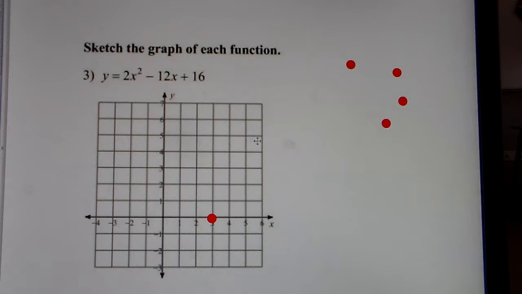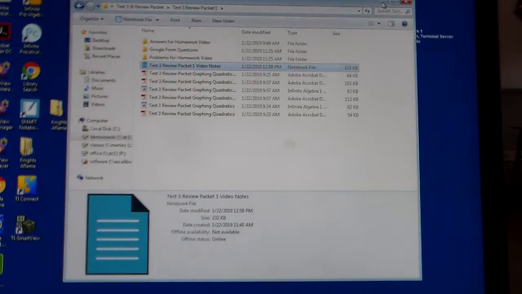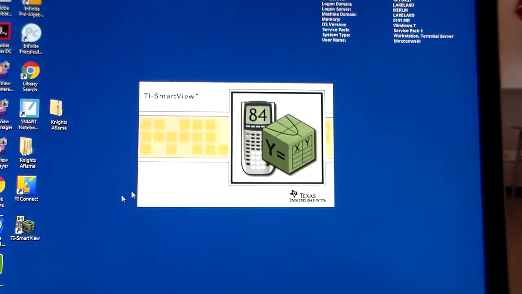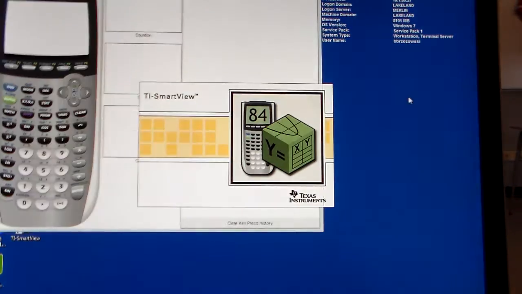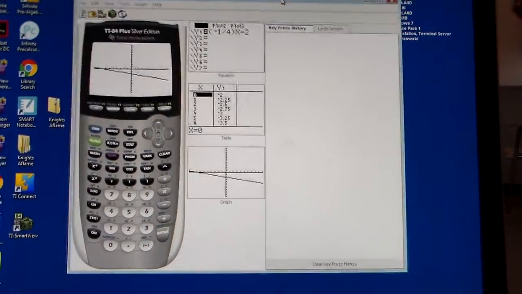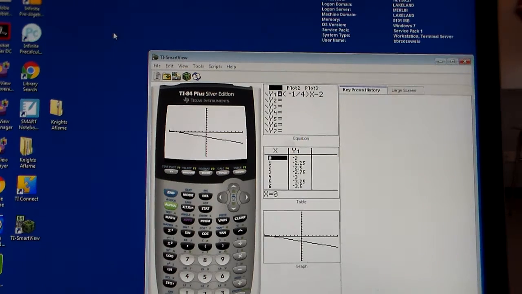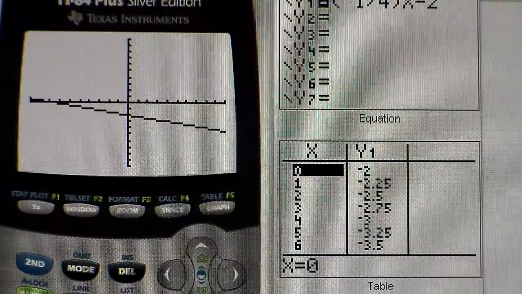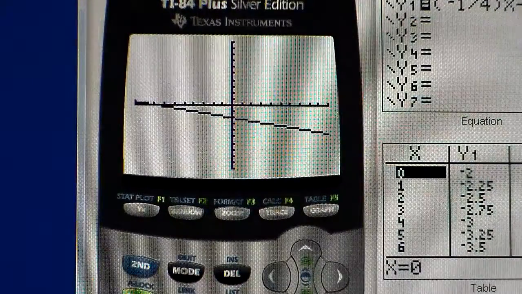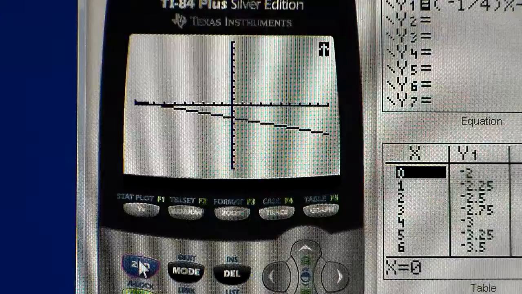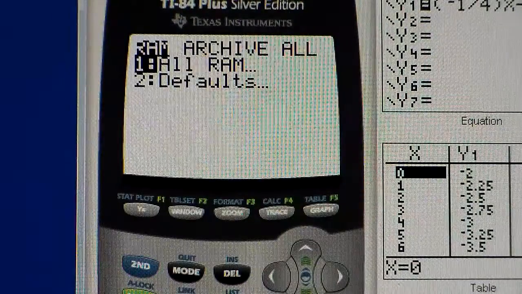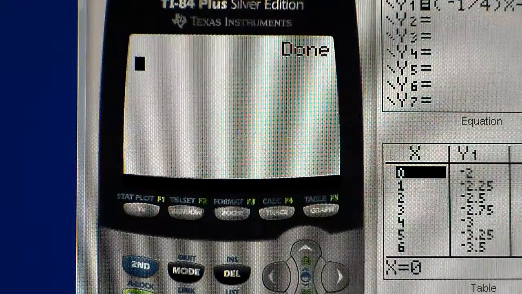Now to find out the height and the rest of the U, we type it right into our graphing calculator. So I'll bring up the graphing calculator, and we're going to type in our equation. When we turn on the graphing calculator, what we first want to do is hit second, plus sign, 7, 1, 2, enter.